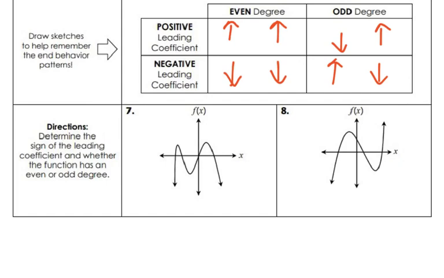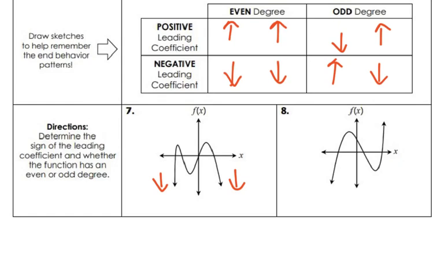So let's look at the graph and try to figure out the leading coefficient. We're interested not in the value, but in the sign of the leading coefficient. Let's start with the end behavior. Both ends are going down and down. By looking at the table right above, we know it's going to have an even degree.